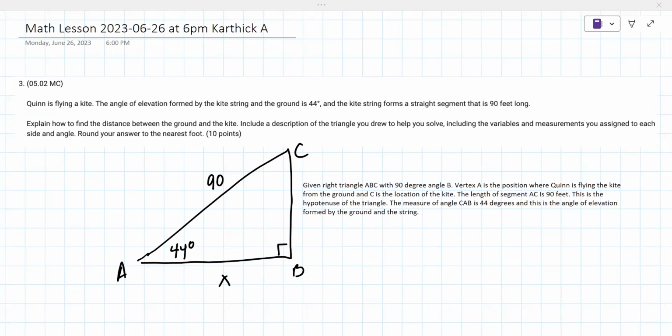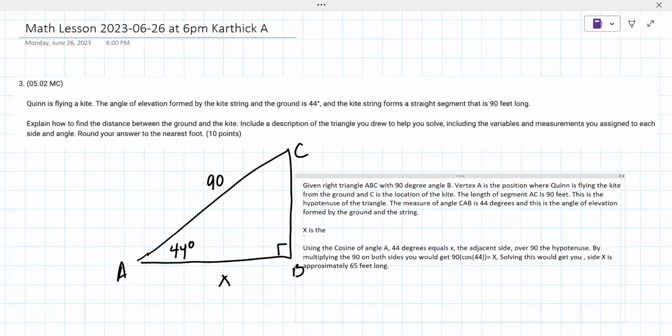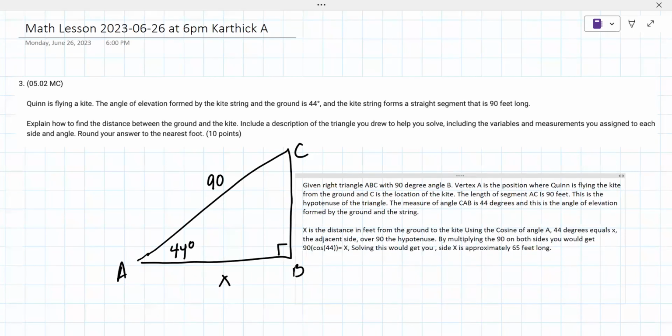Got it. So one of the things we did not do is actually identify the distance, so we might want to say that x is the distance in feet from the ground to the kite. All right, so using the cosine of angle A, so you might want to say why cosine.